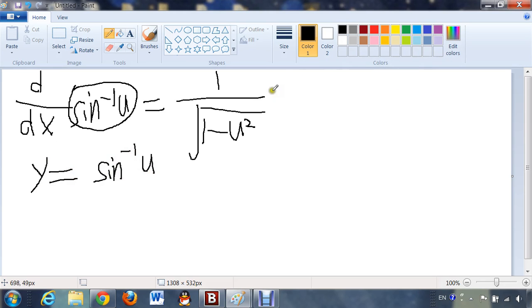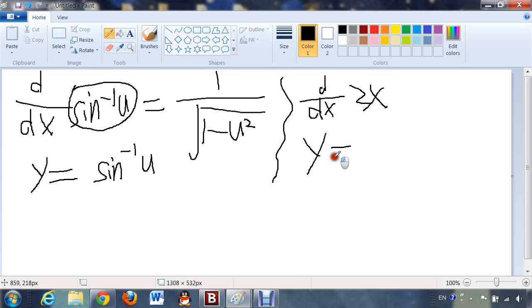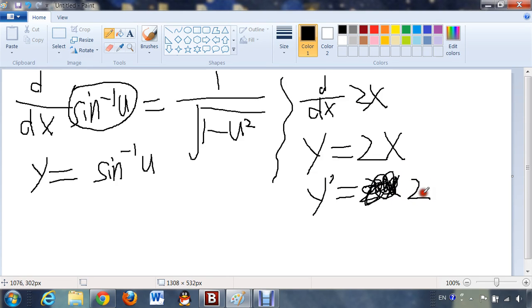Remember when we were taking the derivative of 2x, and the 2x is a function, we're just taking them together, which is just like this.